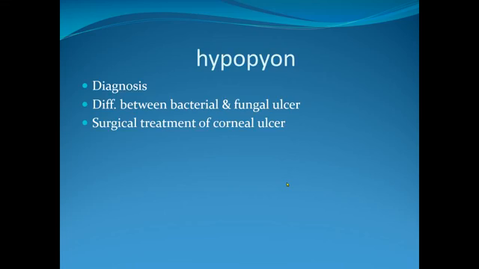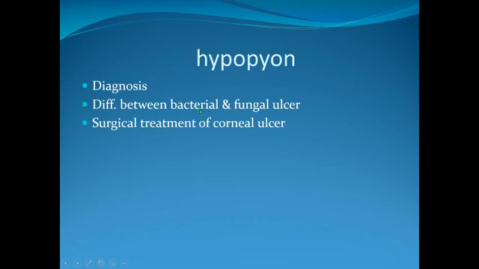If the question is about hypopyon, there is a related question from corneal ulcer. So the diagnosis cause may be corneal ulcer, maybe uveitis. And hypopyon in bacterial ulcer, hypopyon in fungal ulcer. You should know the difference of hypopyon in fungal and bacterial ulcer. It is discussed in your class.